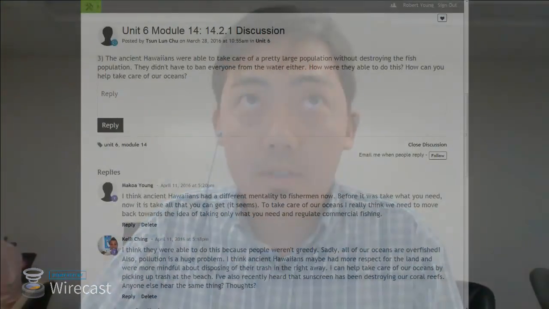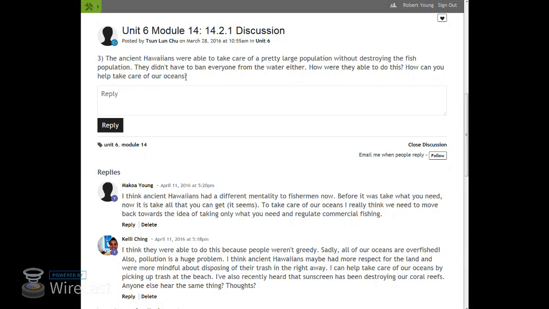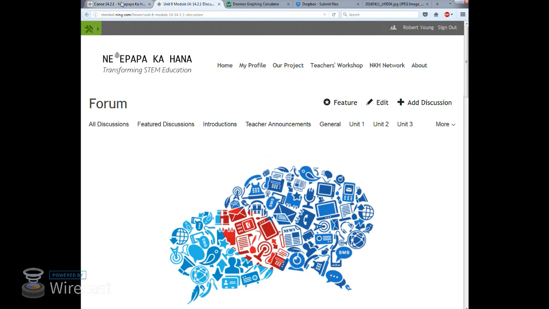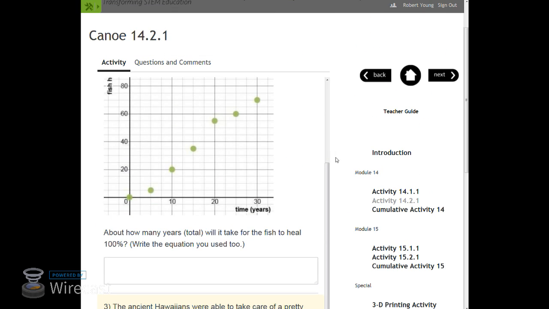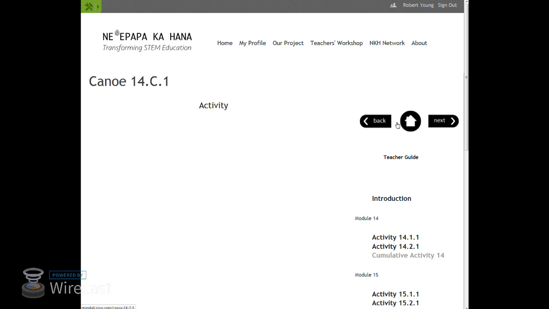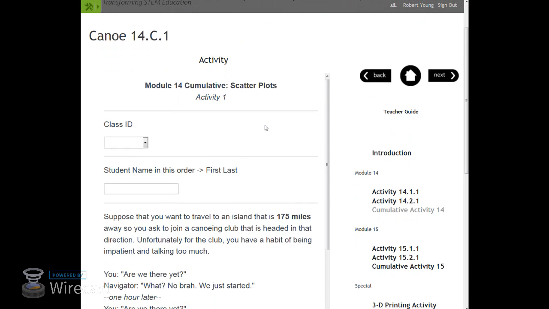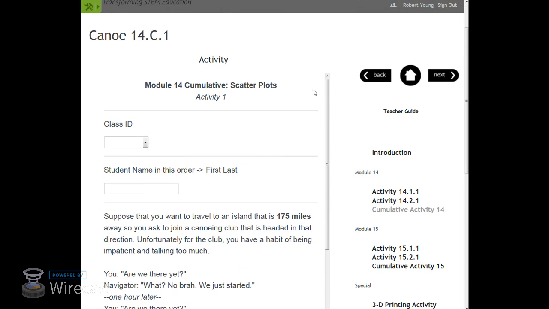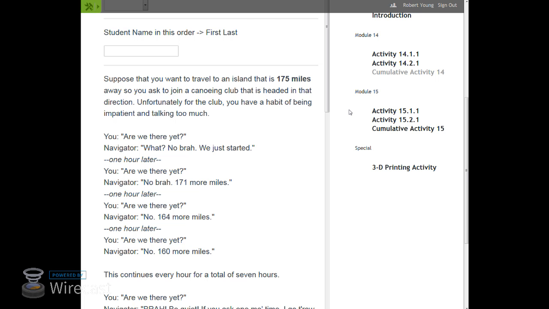Okay, so next activity we're going to go over is activity 14C, the cumulative activity for module 14. So if we're at this page, let's go down to cumulative activity 14. And over here, it's more scatter plots. This one's a very straightforward problem.